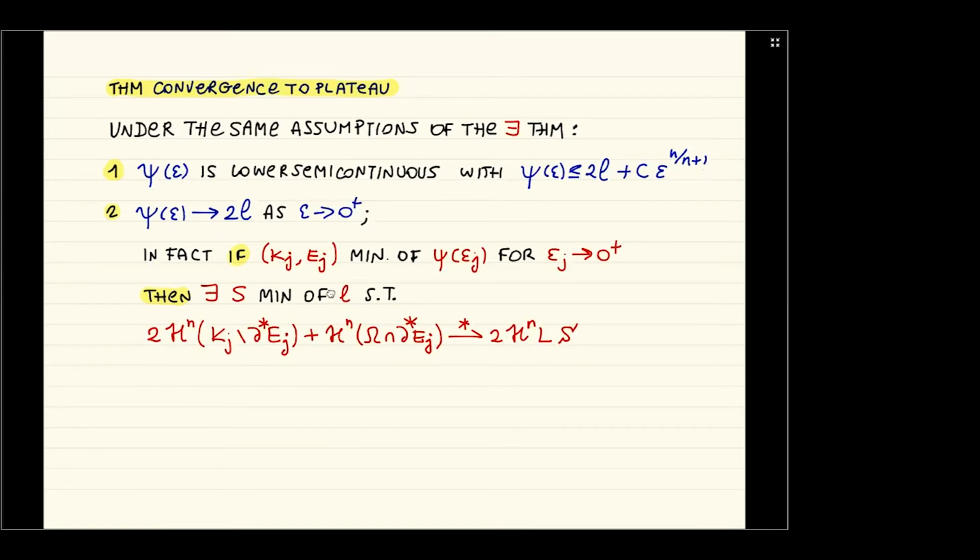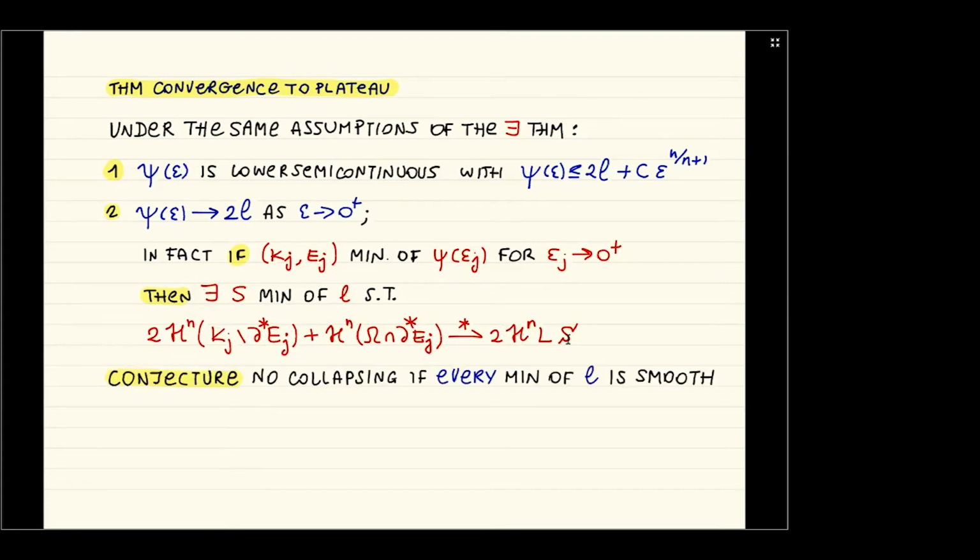Actually, if you take a sequence of generalized minimizers corresponding to volumes going to 0, then there always exists a minimizer in the plateau problem such that in energy you converge there. So twice the area of the collapsed region plus the area of the non-collapsed boundary converges to twice the area of a limiting plateau surface.